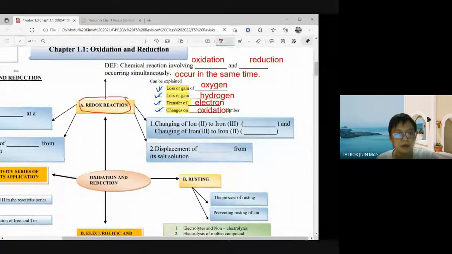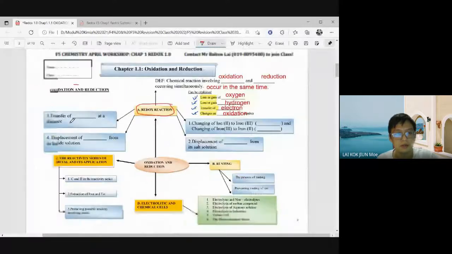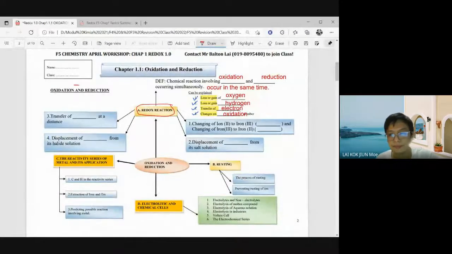I think Jialing has almost finished redox in your school. You got tuition, right? Jialing told Mr. Lai it was already almost done. Jialing said no tuition. Okay, no problem.